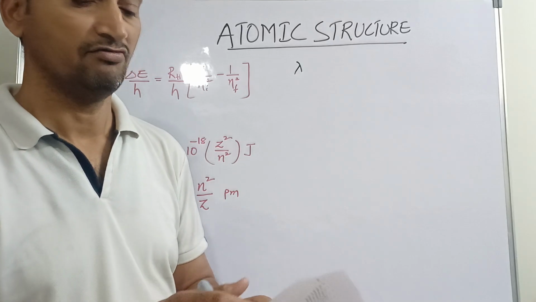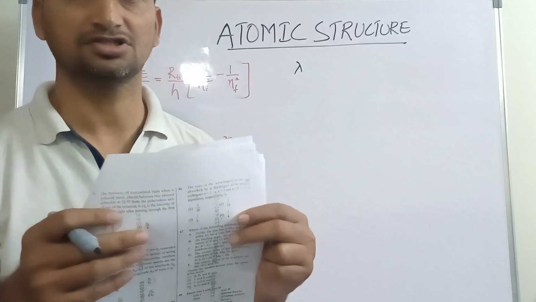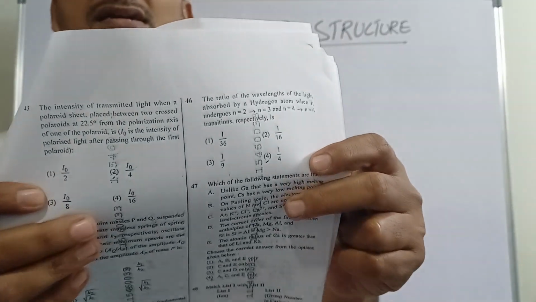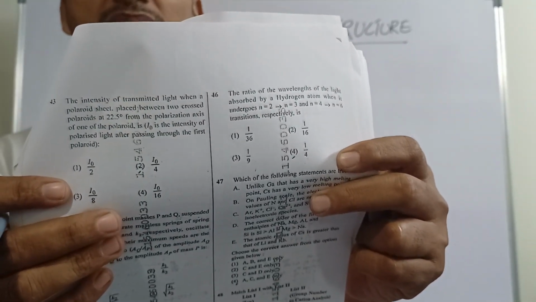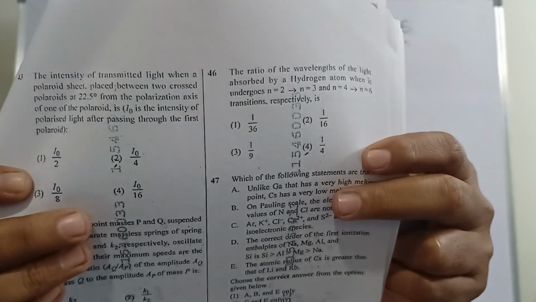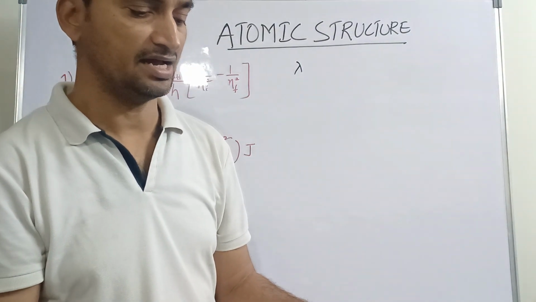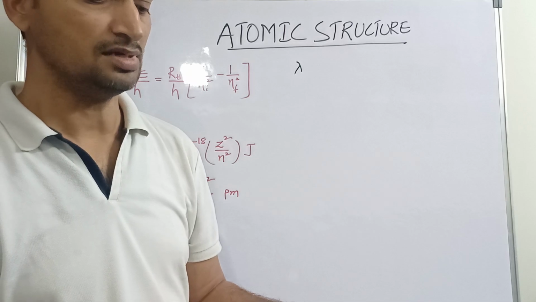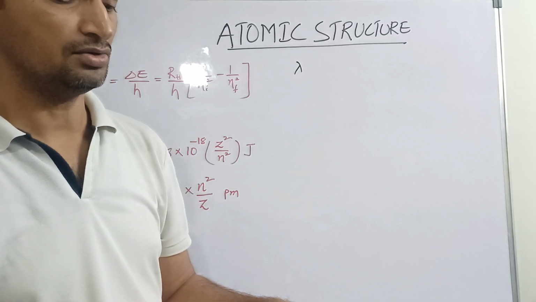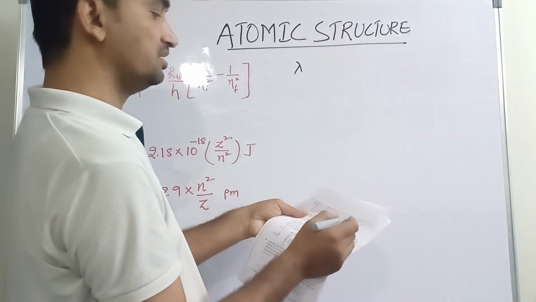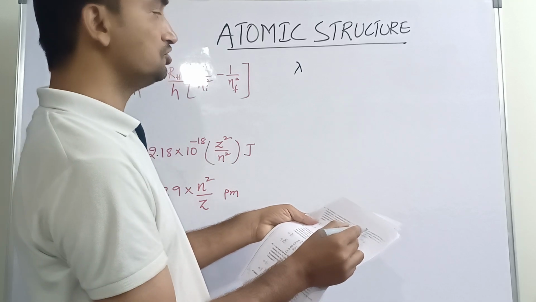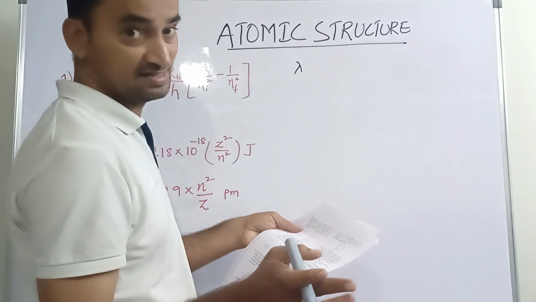You see here the 46th question, the first question in the 45 series, is this one from atomic structure. What they asked is the ratio of wavelengths of the light absorbed by a hydrogen atom when it undergoes transitions. Two wavelengths they are asking.